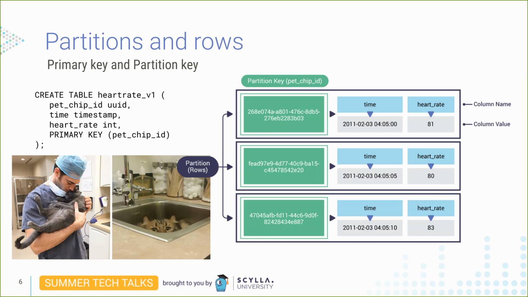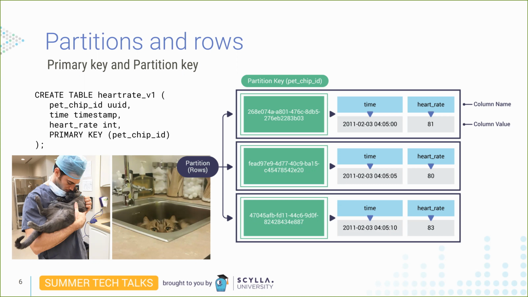In this case, since pet chip ID is our primary key, our unique identifier for a row in SQL, in Scylla it is the unique identifier for a partition. But what is a partition? A partition, as you can see in this picture, is a subset of the data that is stored on a node, replicated across nodes, and is identified by a partition key.